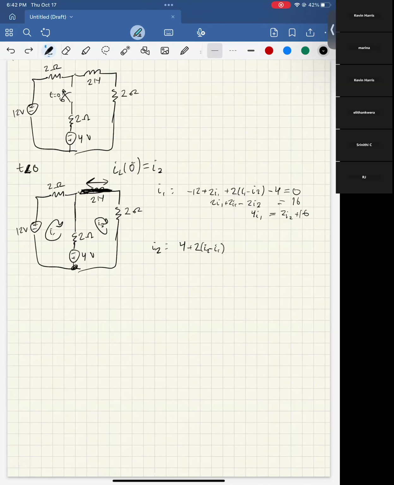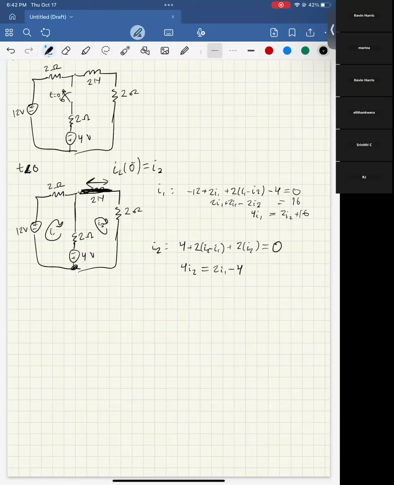So plus 2, and then plus 2 times I2 equals 0. If I want to find I2 at the end, I'm going to do a bit of simplification fast here: 4I2 equals 2I1 minus 4. I think I did that right.